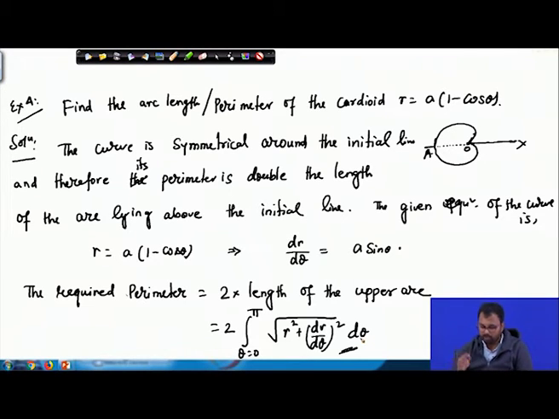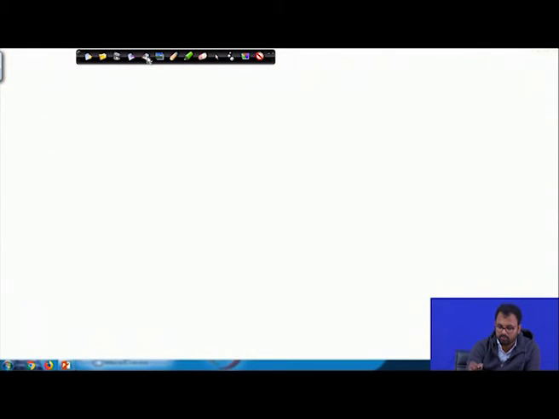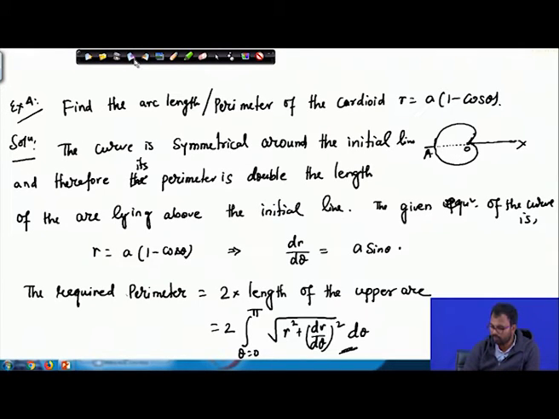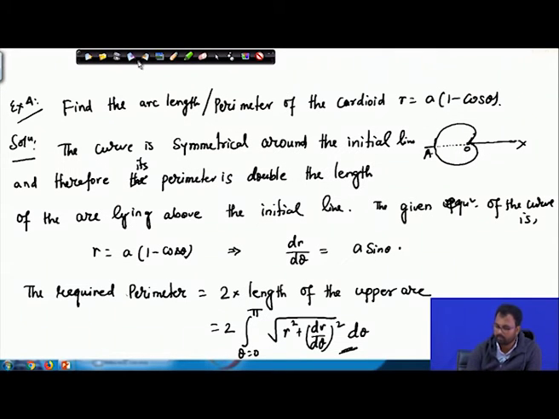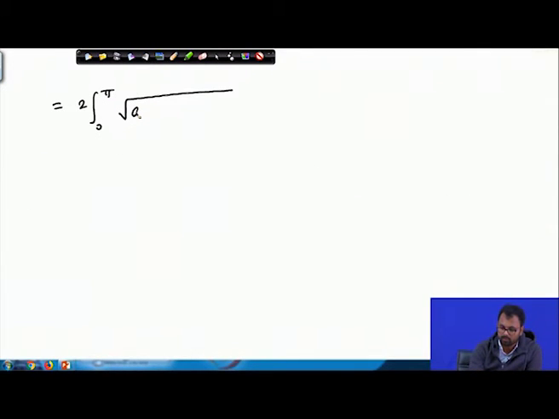Now, we substitute these two values. So, let us substitute the values. This will be r square. So, 2 times integral from 0 to pi, we will have a square times 1 minus cos theta whole square plus a square sin theta whole square, that means sin square theta d theta.